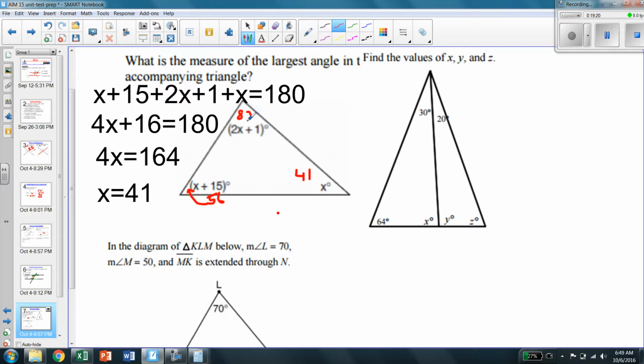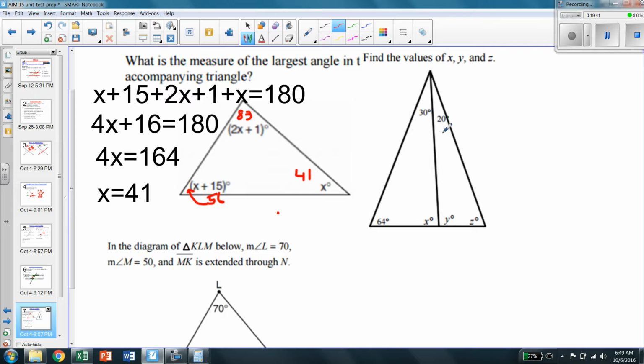And the question said, what is the largest angle? Well, now I can look at the three angles and tell that this is the largest angle and state it. And here's my work to justify it. If I was doing this on paper, I would have taken 41 and done 2 times 41 plus 1 and shown all that work to get the values.